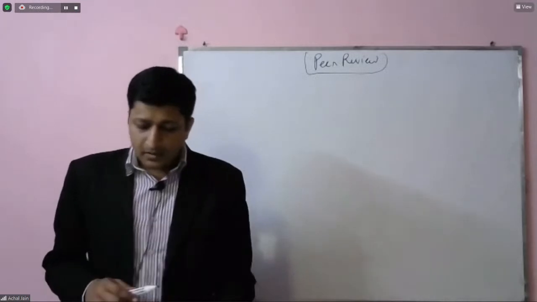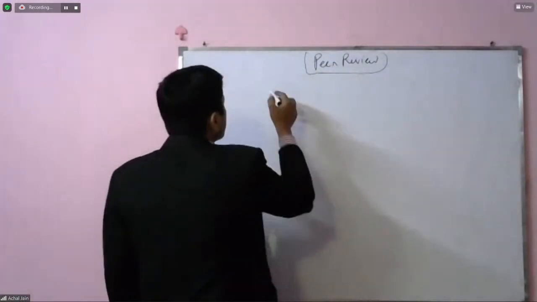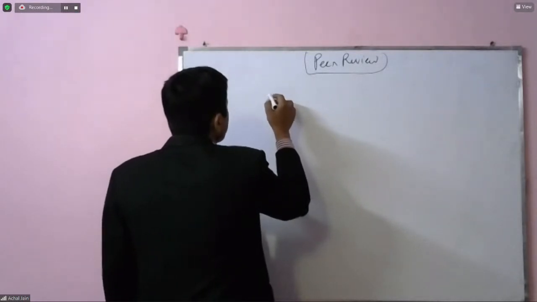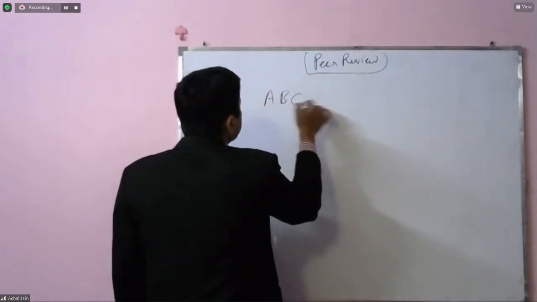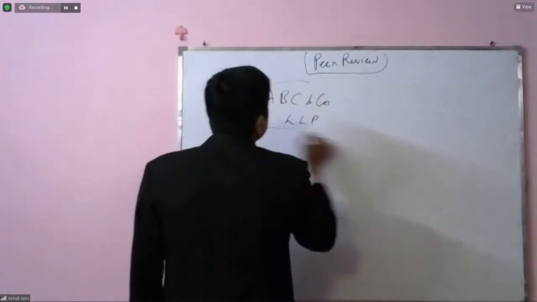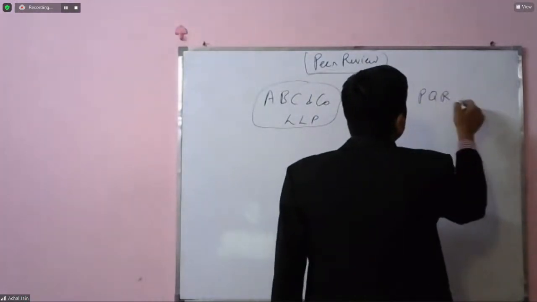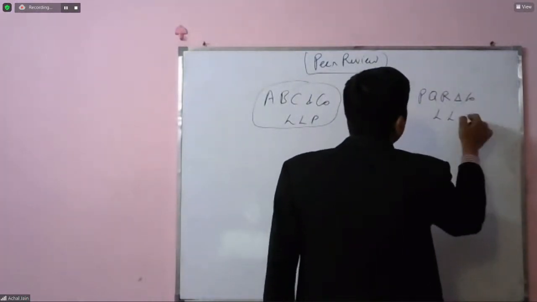Say, for example, there are two firms of chartered accountants. So there is a firm ABC and Company LLP, and there is another firm PQR and Company LLP.